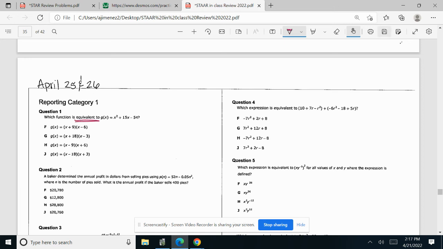We typed it into the calculator, so you're going to use y equals or Desmos for all of the ones that have equivalent and have an expression, a polynomial. Now, if it has equivalent and it's an exponent, then you're going to simplify. All right, you simplify one letter at a time.